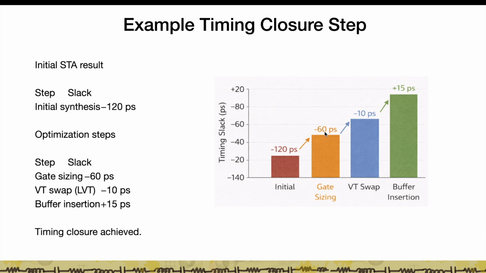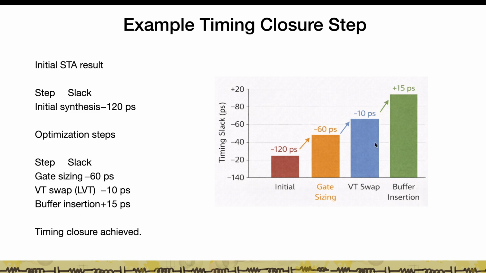Better but still failing. Apply VT swaps, LVT on the worst paths, and slack jumps to minus 10 picoseconds. Almost there. Add buffer insertion to reduce wire delay on the last stubborn path. Slack reaches plus 15 picoseconds. Timing closure achieved.